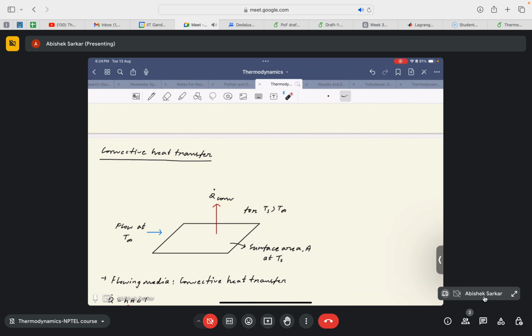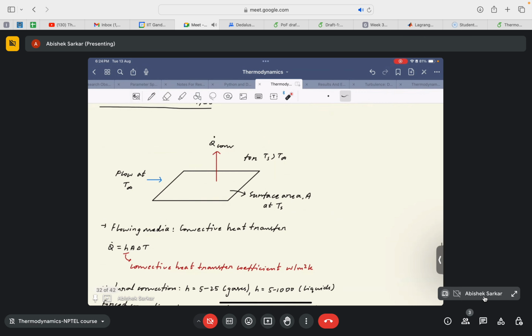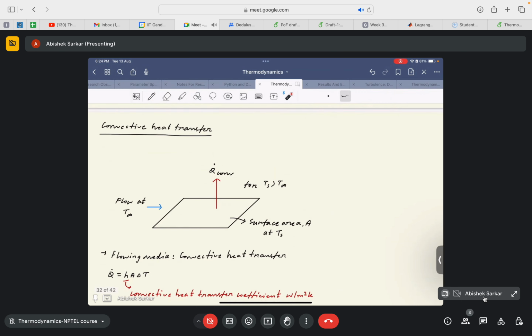Now we discuss convective heat transfer, okay. In this case, this mode of heat transfer is primarily because of the bulk flow of the media. In the case of conduction, it was basically because of diffusion. Like if we apply heat to a particular surface, the atoms of the surface start oscillating, which results in the rise in temperature of the material, okay.